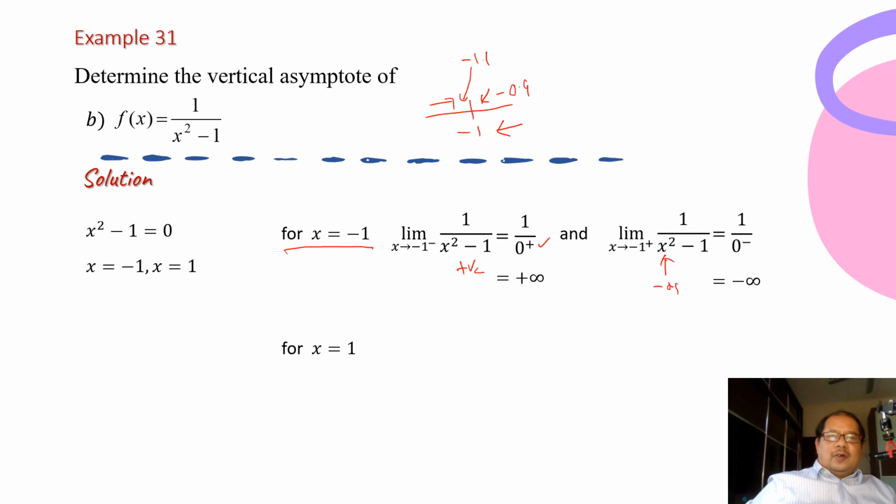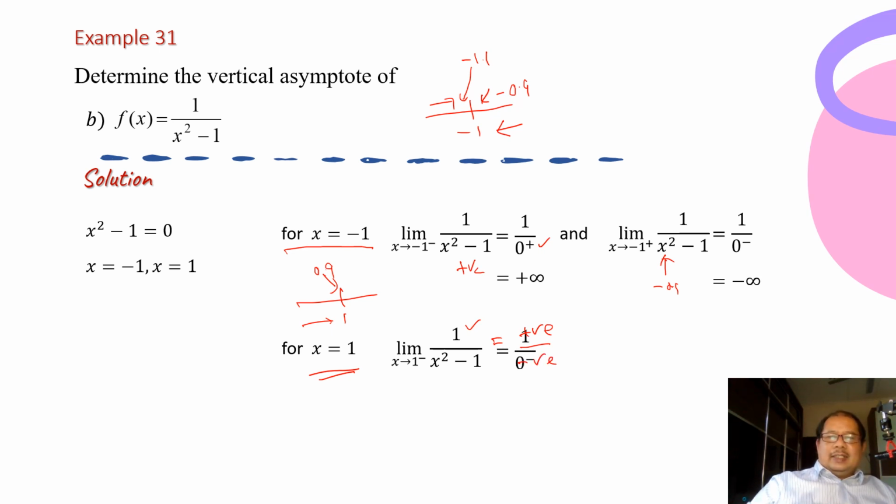Okey, sekarang kita tengok for x equal to 1. Limit x approaches 1 from the left. From the left, that means you test with 0.9. 0.9 squared less than 1, less than 1 minus 1, you dapat negatif. Atas ini memang positif, 1 ni memang positif, divide by this dia dapat negatif.